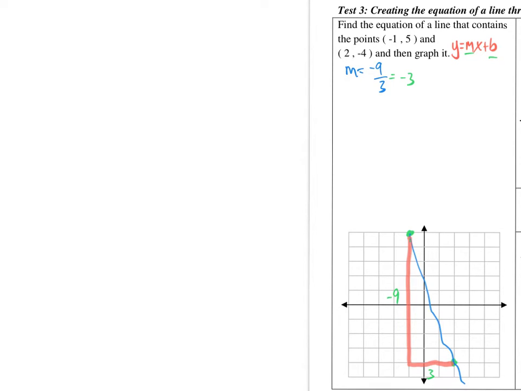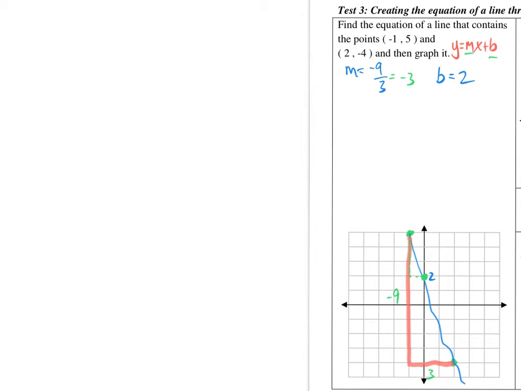Meaning, could I walk down 3, isn't that 1, 2, 3, and then over 1, does that hit the y-intercept? Did we hit the y-intercept? We just choose a dot. Can we go down 3 over 1 and bam, we have our y-intercept. What is that y-intercept? It looks like 2. So do I know my b is 2?